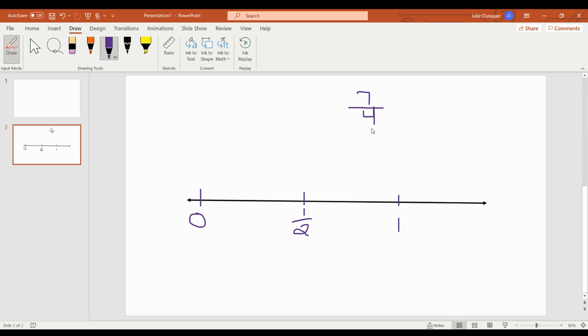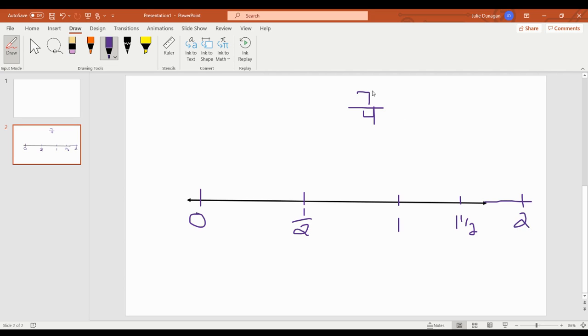Well, we know that 7/4 is greater than 1. So we're still going to think about it in terms of halves. So we have 1 and 1/2. And we'll extend our number line to 2.